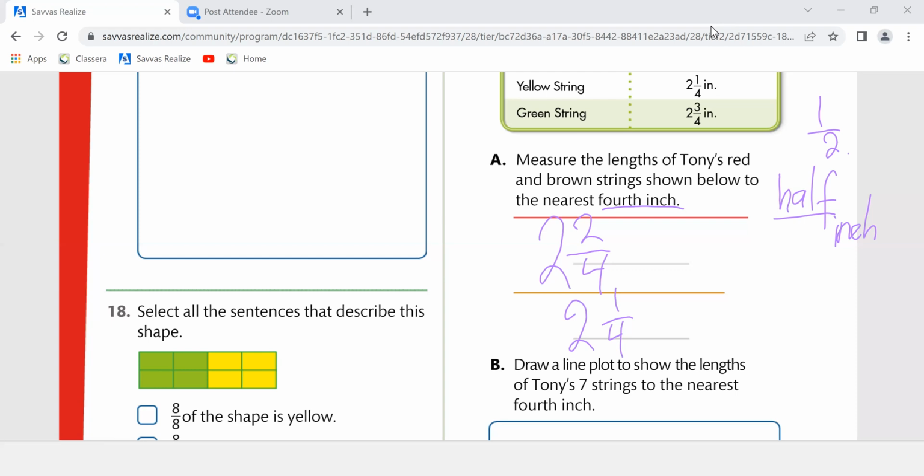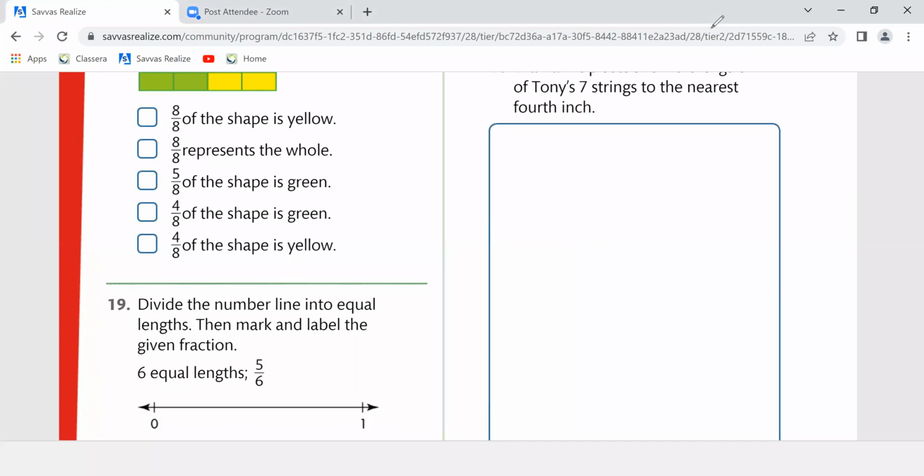Okay, in part B, we need to draw a line plot, and on a line plot we need to put these numbers from the table plus these numbers that you measured. I want to put dots. Yes.